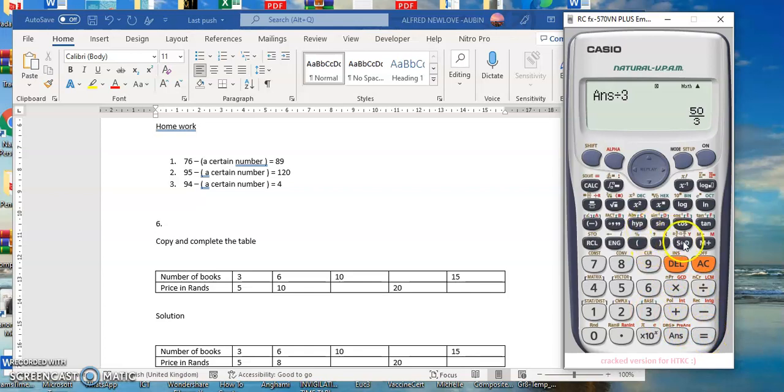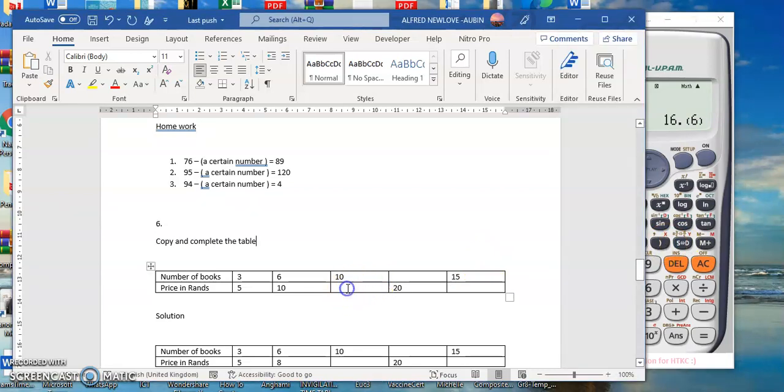So this is going to give us this value. You can write 16 comma 6 rand. That is 16 rand 60 cents. Let me put 0 there.